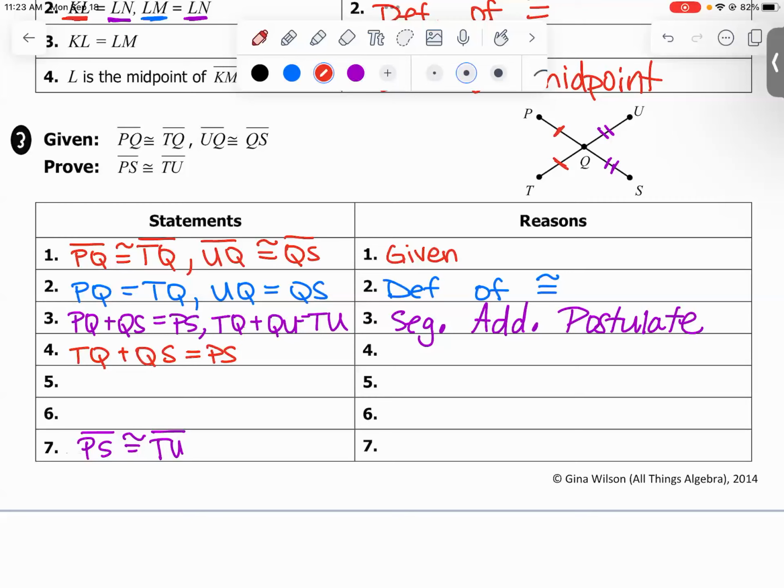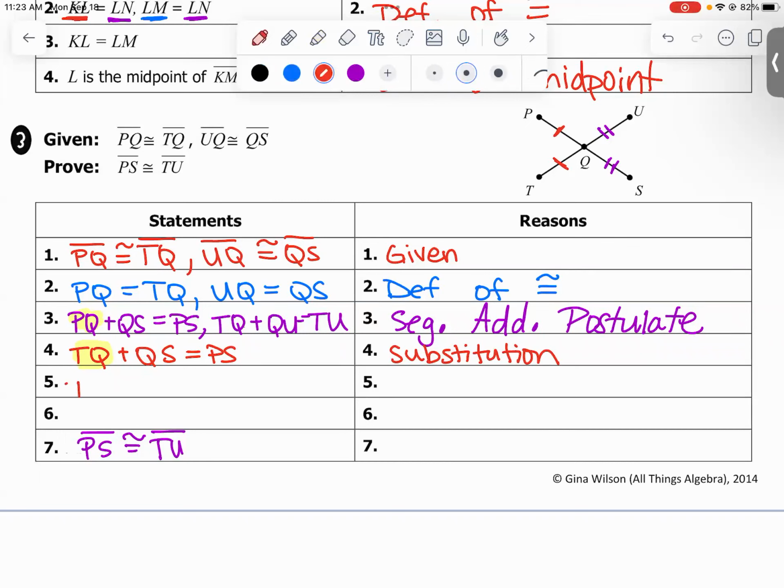So we call that what? When I replace something? Yep. I took PQ and I replaced it with TQ. Now look at this other one. This other one is TQ plus QU. So I like that this is TQ.